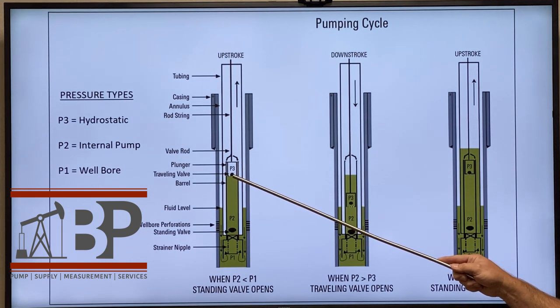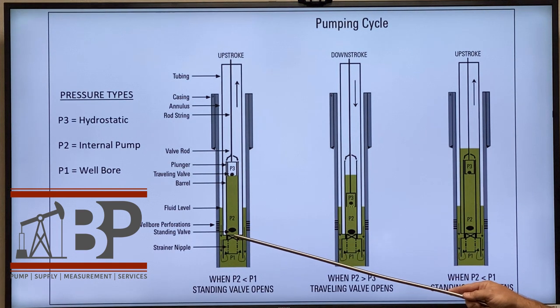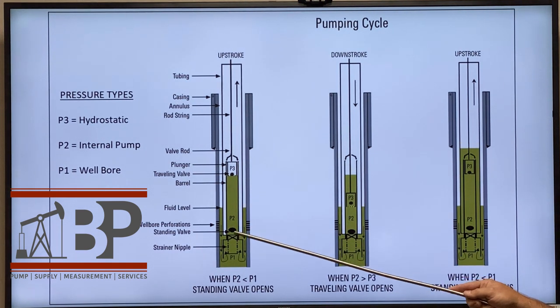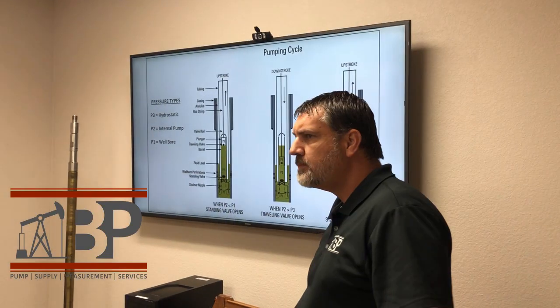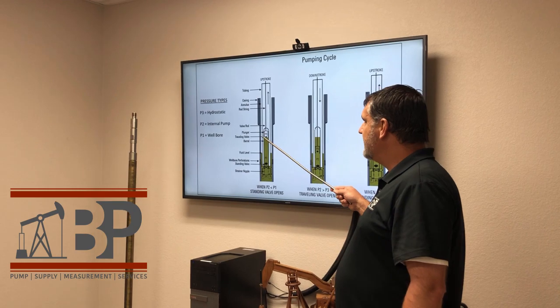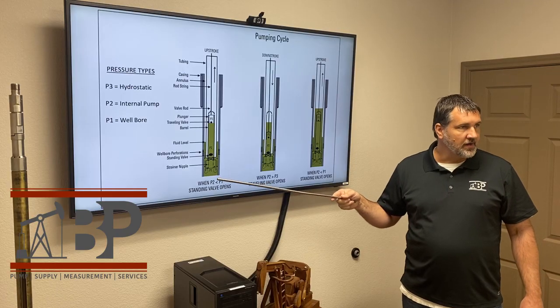Here is represented our traveling valve, here is our standing valve, and then the fluids in the wellbore itself. The first operation that we're going to show here is the upstroke of the pump.